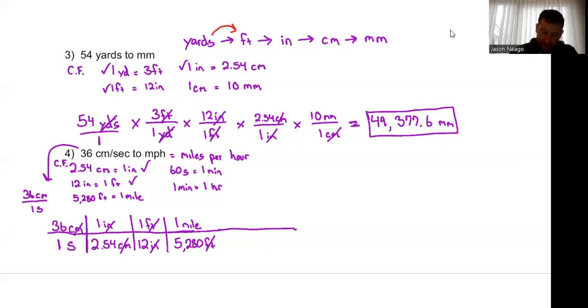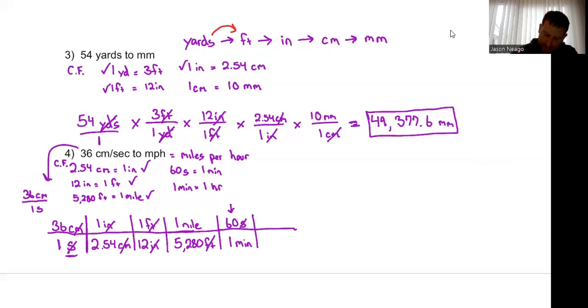So now I'm going to convert using my time units. This is where it gets tricky. I have seconds in the denominator, so I need to have seconds in my numerator, above the cancellation line. So I'm going to have 60 seconds over 1 minute, and my seconds are going to cancel.